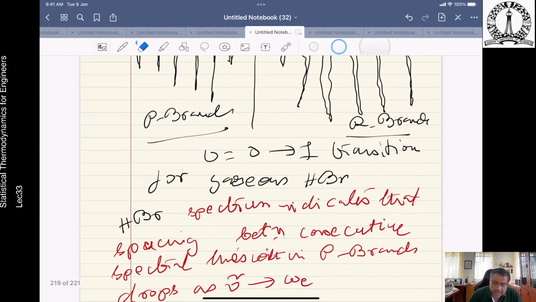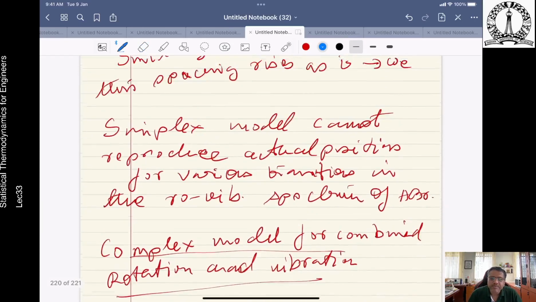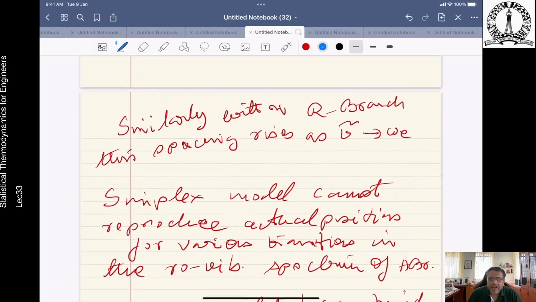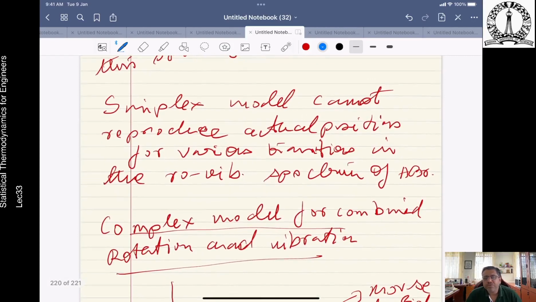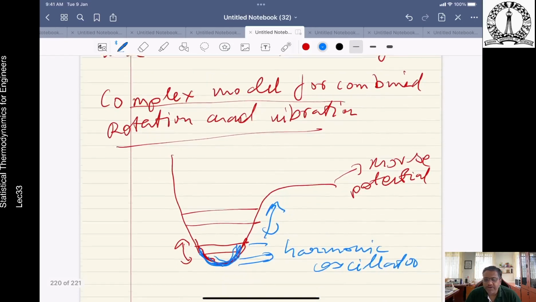You see, the spacing between the consecutive spectral lines in the P branch actually drops as V approaches the omega E. Similarly, with the R branch, the spacing rises. So the simplex model cannot actually reproduce the actual positions of the various transitions. So we need a complex model for the same.